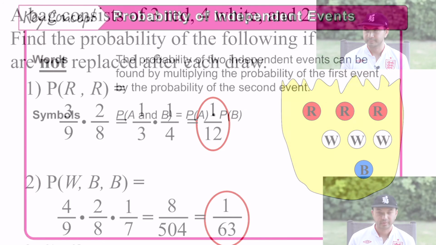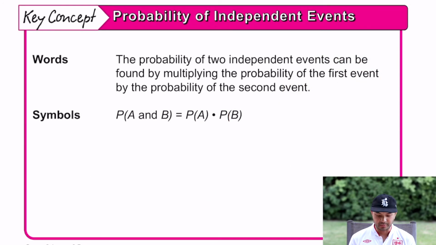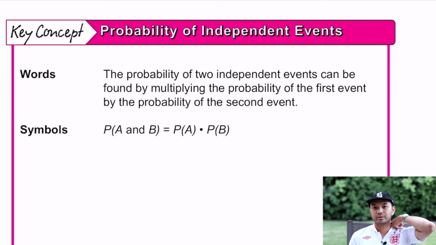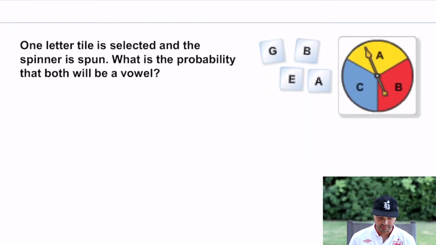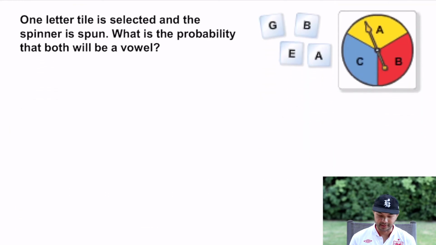Okay, so out of the book, the probability of two independent events can be found by multiplying the probability of the first event by the probability of the second event, just like we did earlier, 1/3 times 1/3. So going back to independent probability, the letter tiles, whatever you pick on the letter tile does not affect the spinner. Okay, so what's the probability that both will be a vowel? So first of all, what's a vowel? A, E, I, O, U. So we have E and A here.